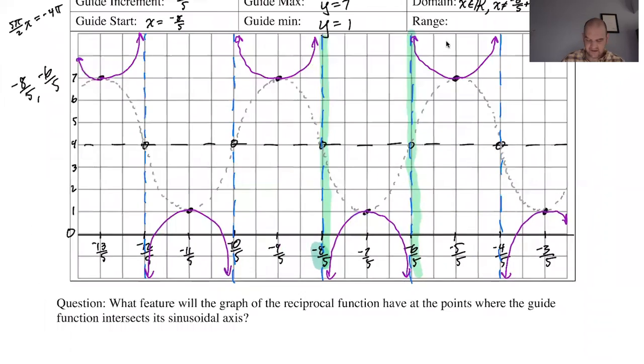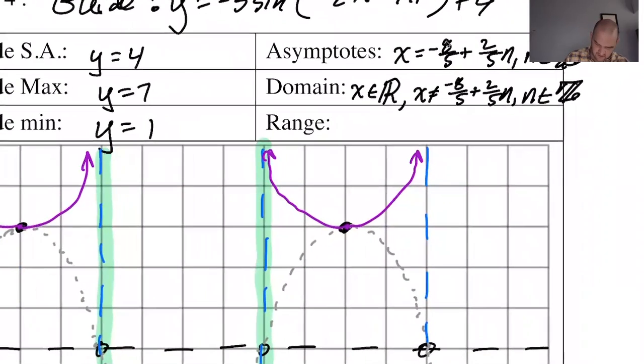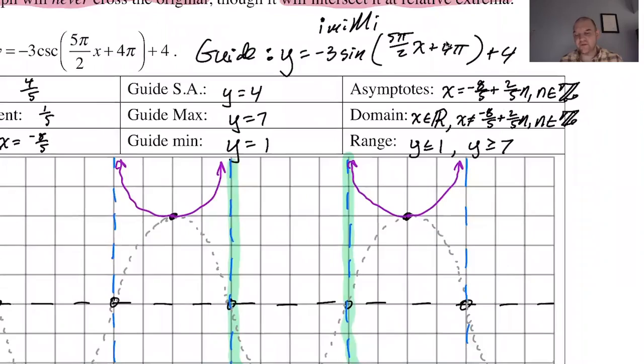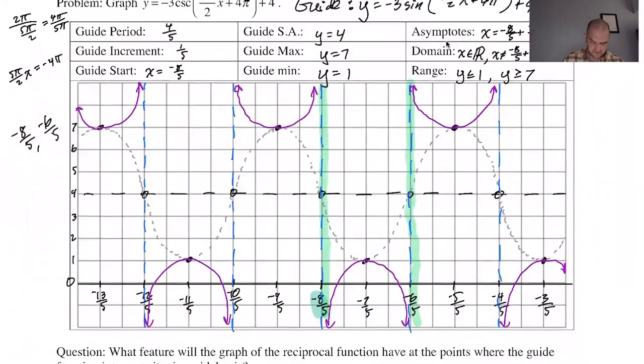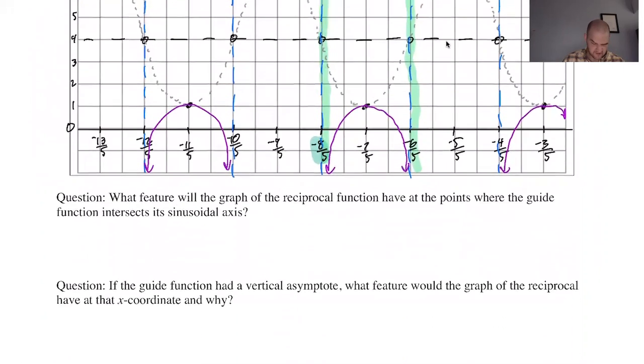So I'm going to say that my range is y is less than or equal to 1, comma, y is greater than or equal to 7. So that's how I prefer to write my ranges. If you like interval notation, go for it. I'm not going to judge you for that, but I like to write them with the inequalities.